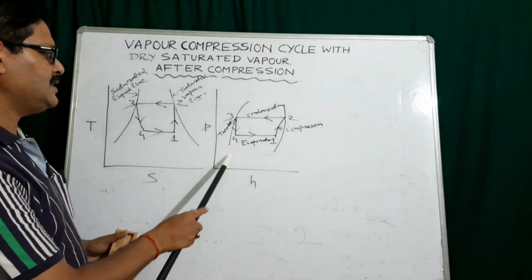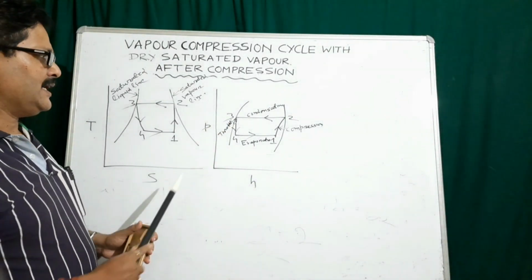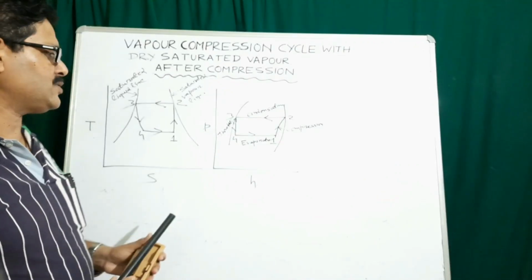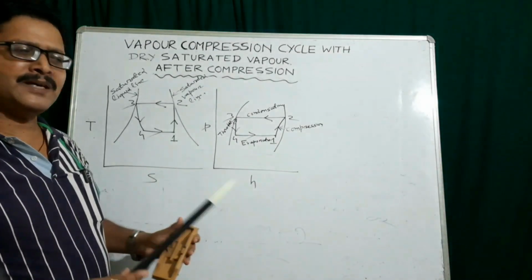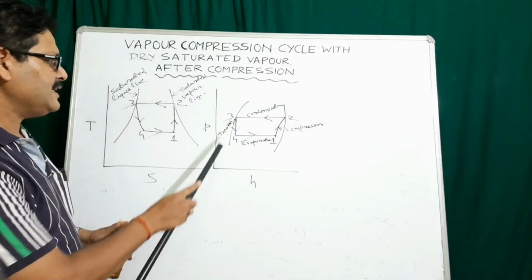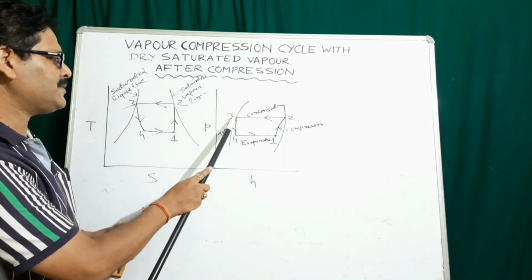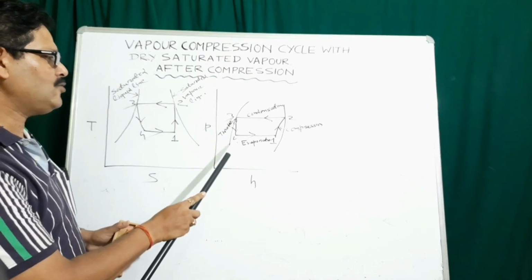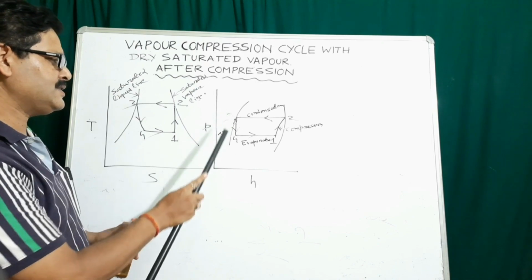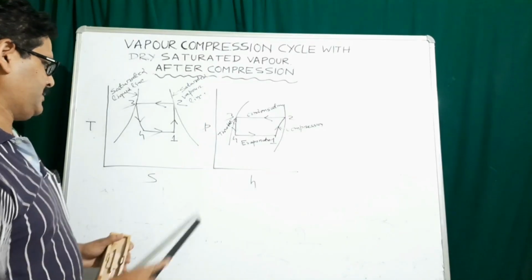3-4 represents the throttling, and throttling is an unrestrained expansion process where enthalpy remains constant. So you can see that enthalpy at point 3 is found to be the same as enthalpy at point 4. So H3 is the same as H4.